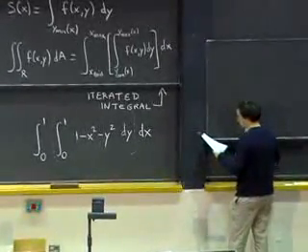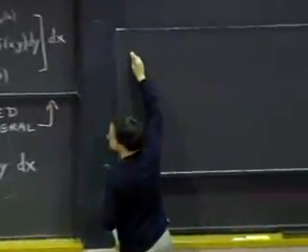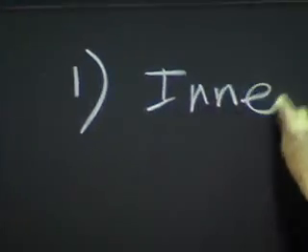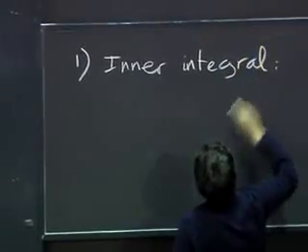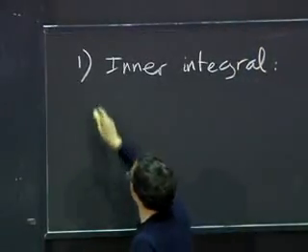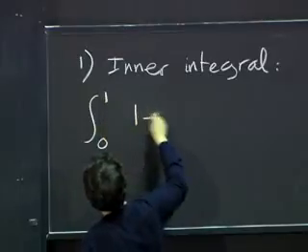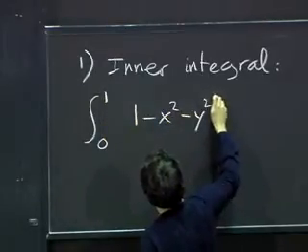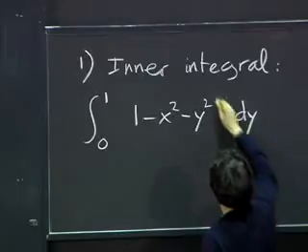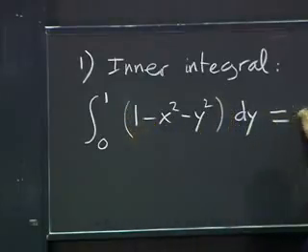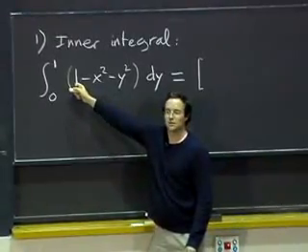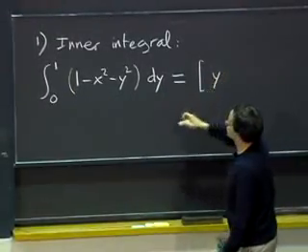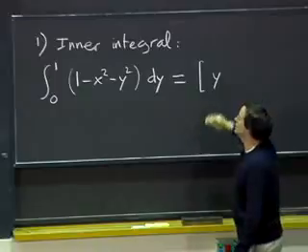To evaluate this, I will first do what's called the inner integral. It's pretty easy. How do I integrate this? Well, what's the integral of 1? It's y. The only thing to remember is we're integrating with respect to y, not x.